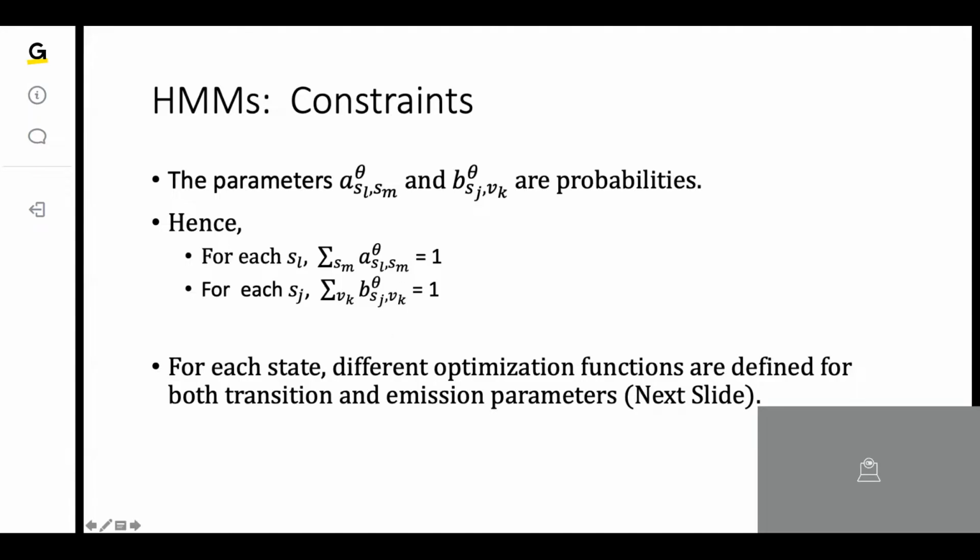These are the constraints used to solve the objective function. For each state, different optimization functions are defined for both transition and emission parameters.